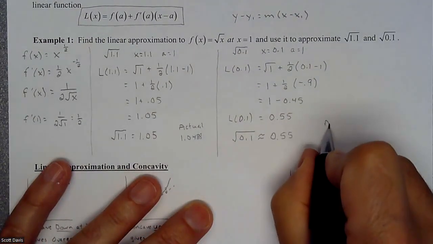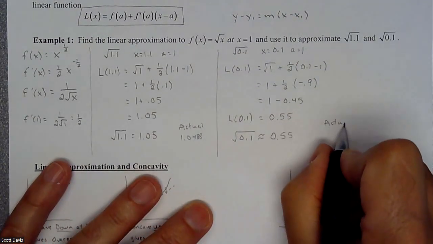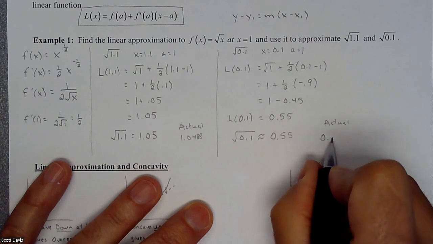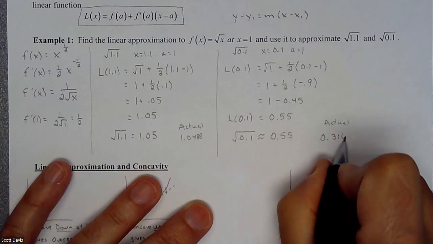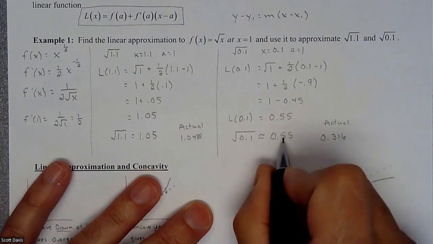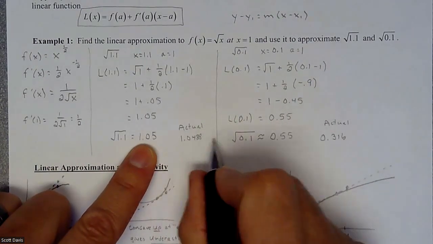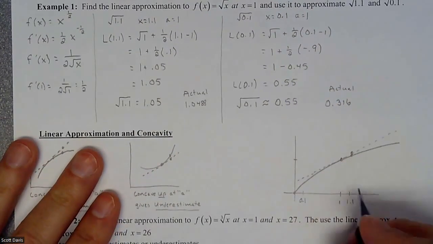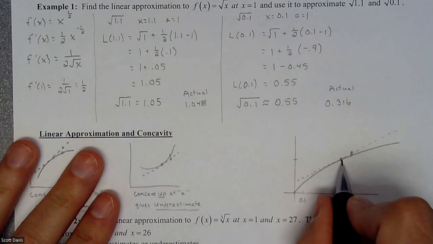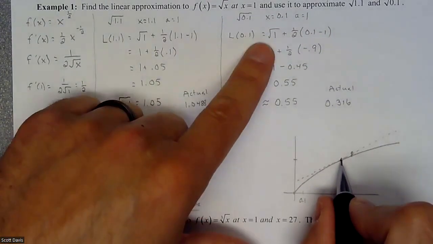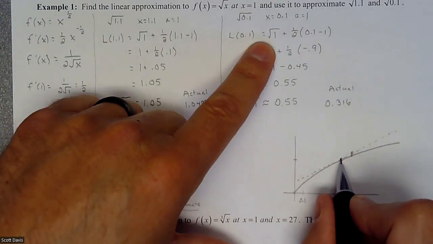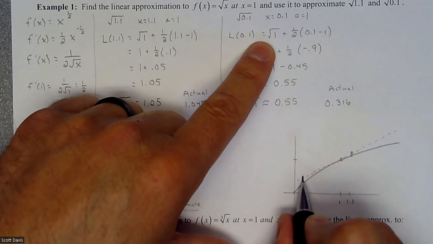The actual on that is 0.316, which is definitely further off than what we were here, right? And that has to do with that this is our point, that when we're plugging into this tangent line, we're getting a value here when the actual value is here.